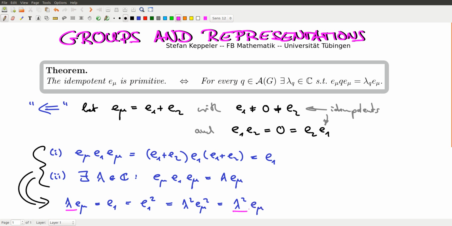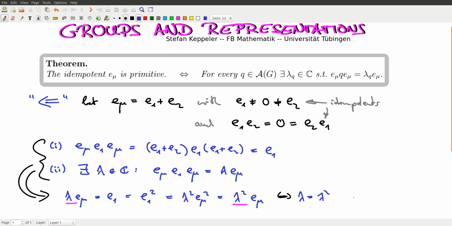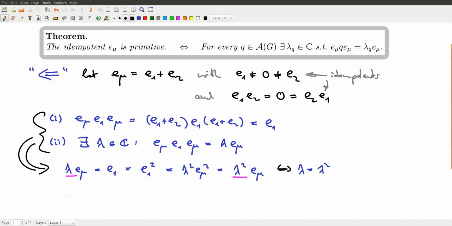And this means that lambda is equal to lambda squared. Okay. But lambda equal to lambda squared, that's the same as lambda is 0 or lambda is 1.